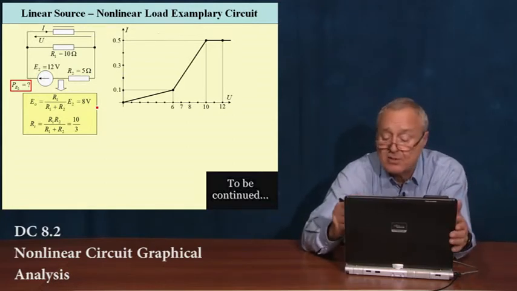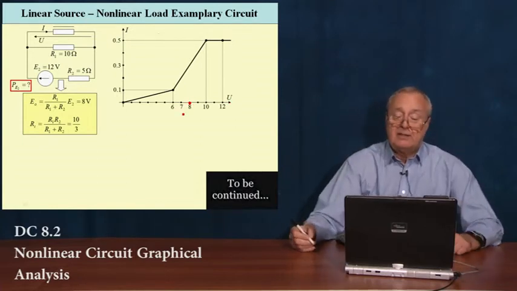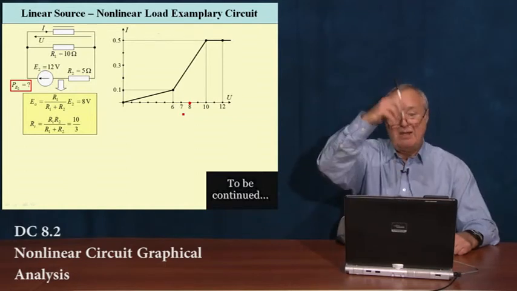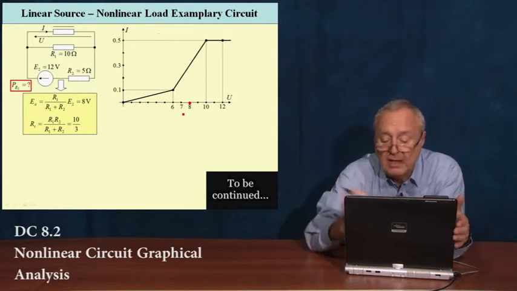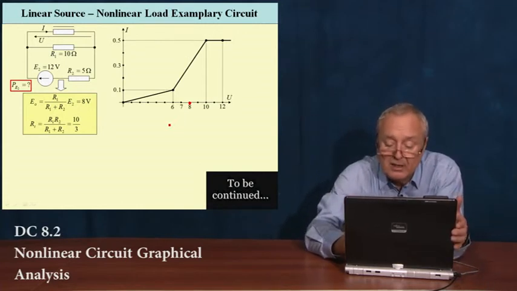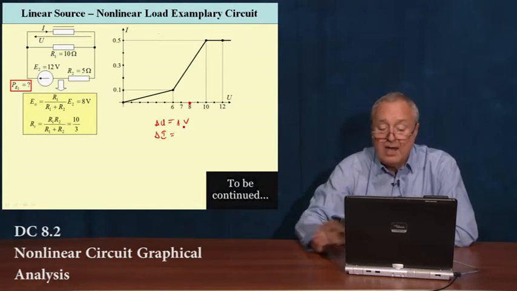So this characteristic crosses the voltage axis here, but unfortunately, the point where this line crosses the vertical axis is somewhere up here. So we accept that delta U is, let's say, 1 volt, and we may calculate delta I very easily, like that.